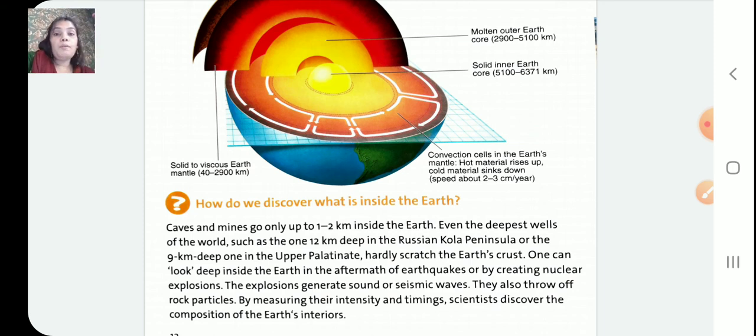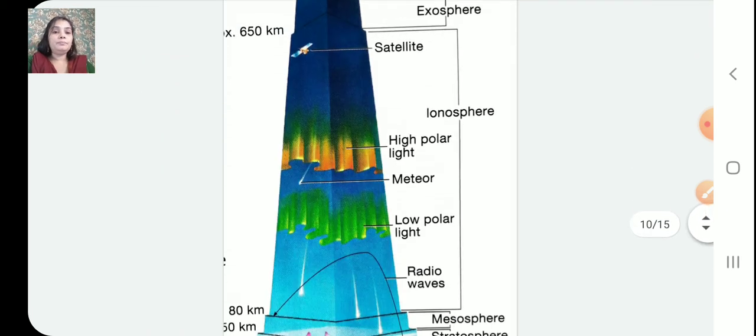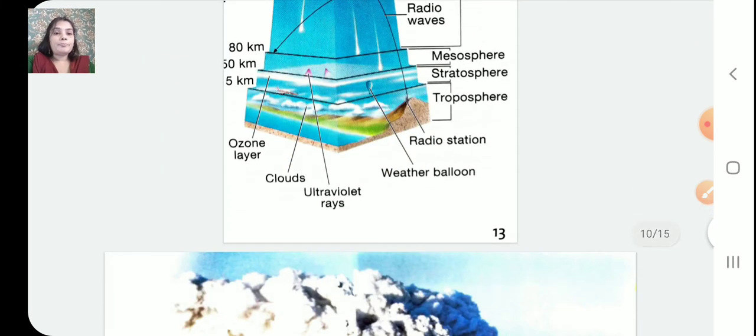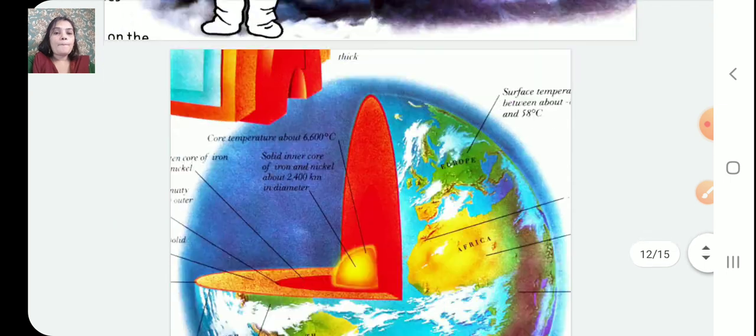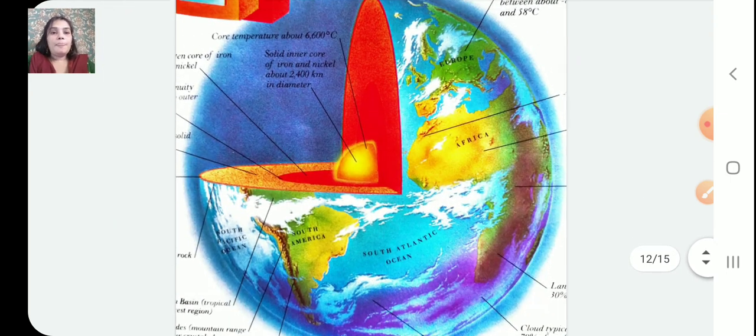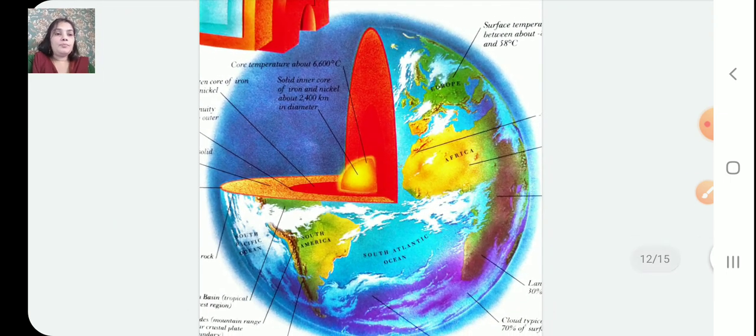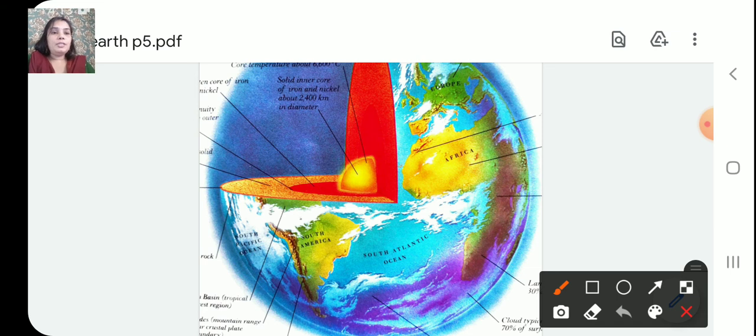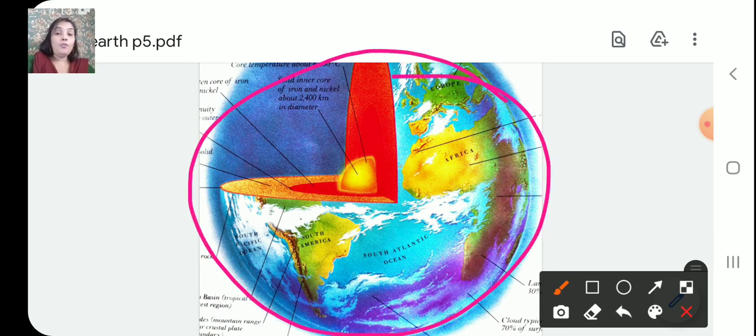So how does our earth look? It looks like a huge ball of rock. Here you can see the earth looking like a huge ball of rock.